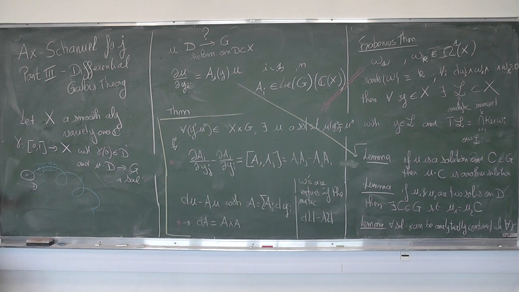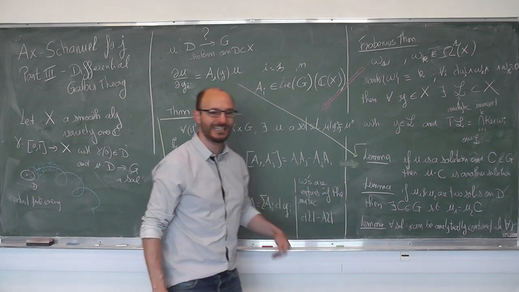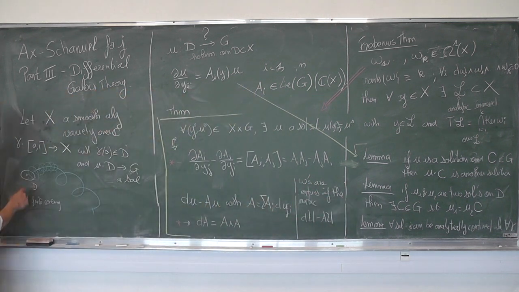Then you can extract a finite covering. And then you have a white solution here, and you have a blue solution here. Using this lemma, you can change the blue solution to coincide with the white one.